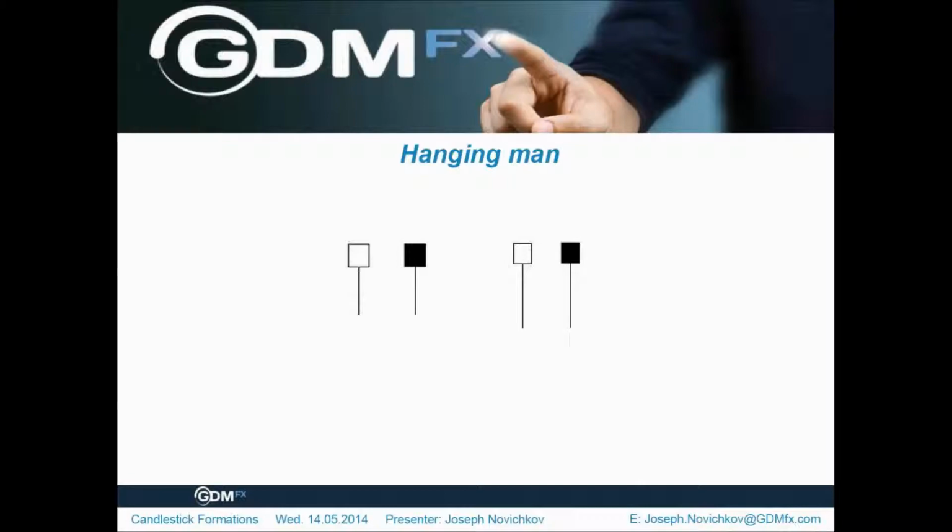As we mentioned, the hanging man and the hammer are both one and the same type of candlestick line: a small real body, white or black, regardless of the color, with little or no upper shadow at the top of the session's range, and a very long lower shadow.